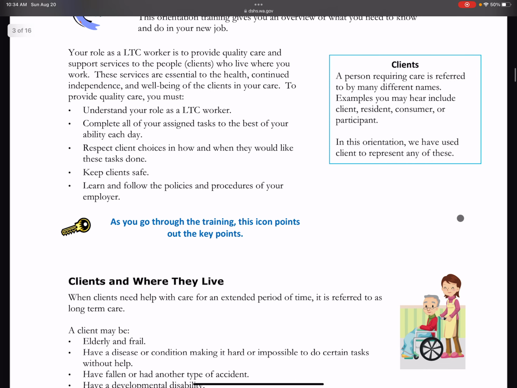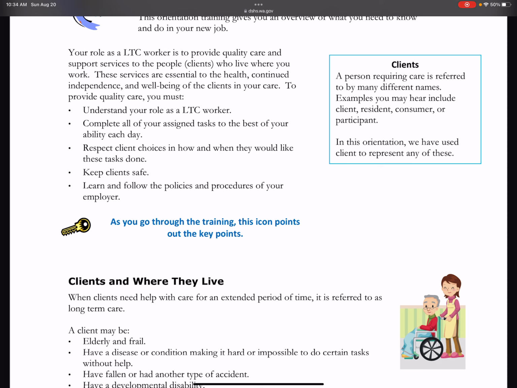The orientation training gives you an overview of what you need to know and do in your new job. Your role as an LTC worker, or long-term care worker, is to provide quality care and support services to the people who live where you work. These services are essential to the health, continued independence, and well-being of the client in your care.